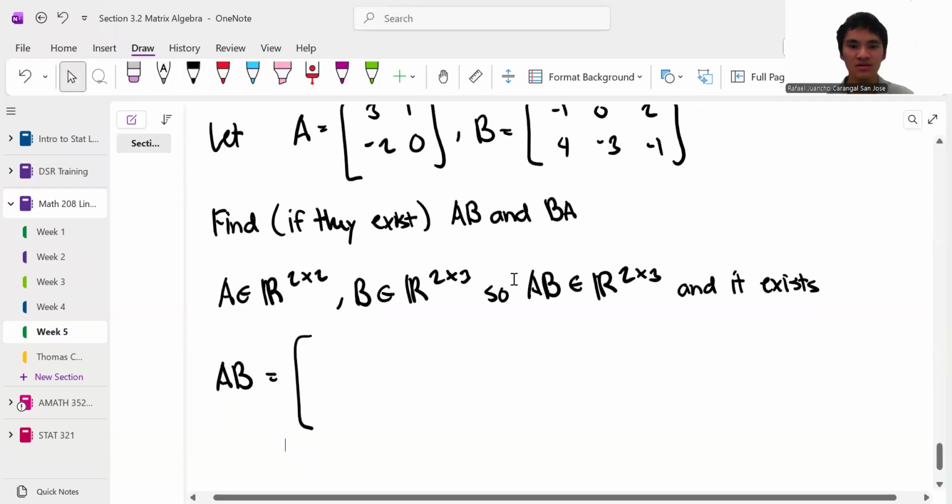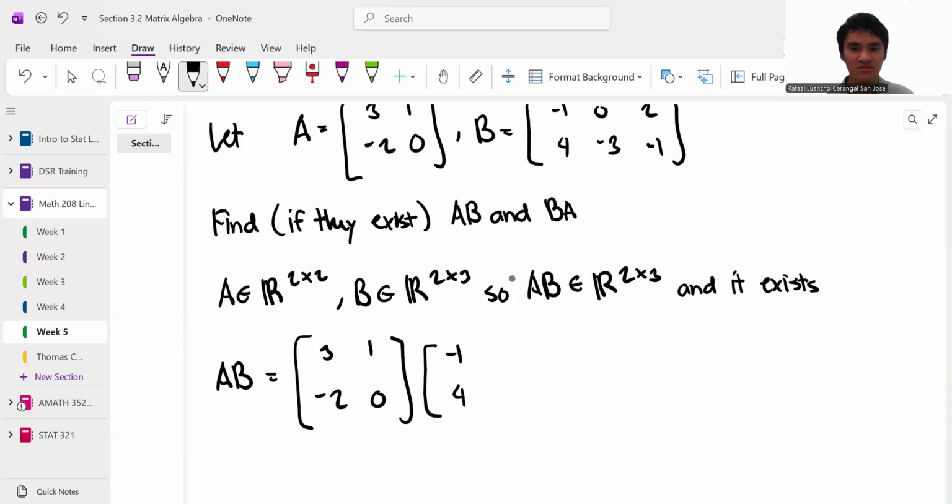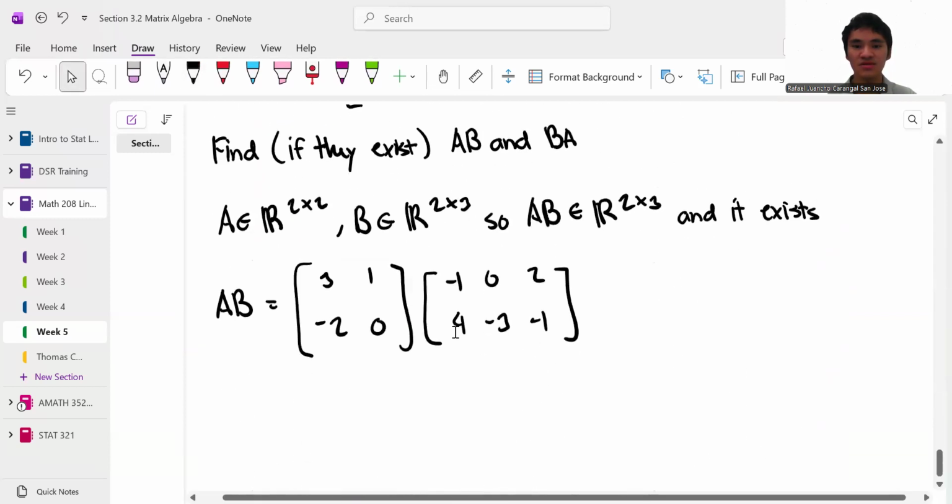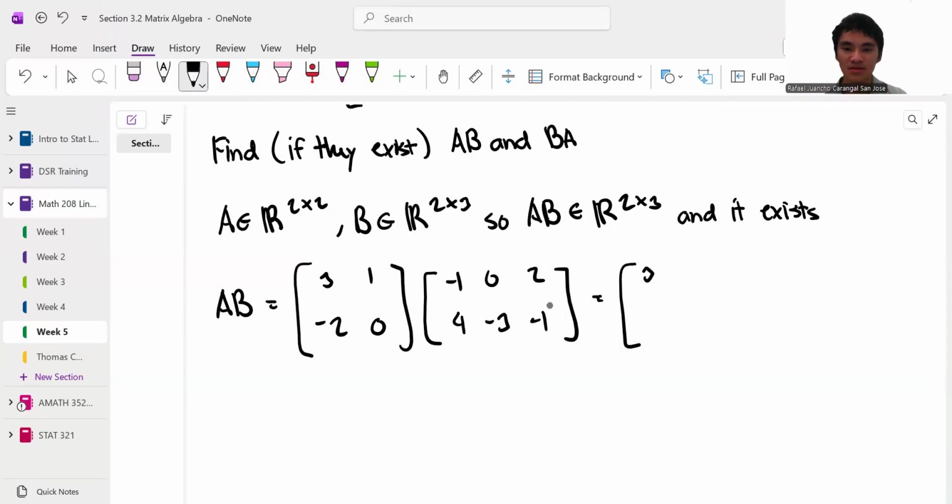So how do we actually do this? Well, based on the definition, we're going to multiply A to each vector of B. Okay, let's start multiplying. So we do 3 times -1 plus 1 times 4.